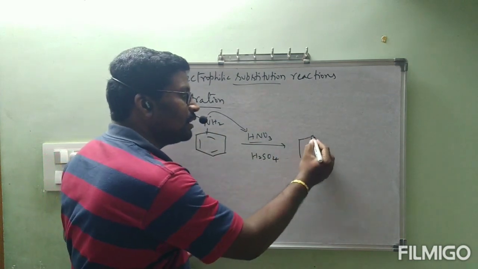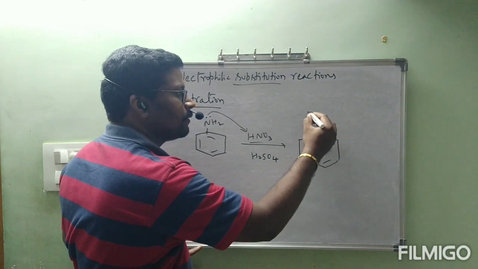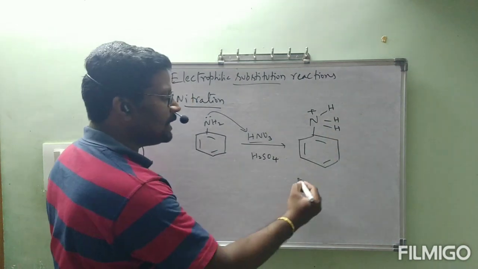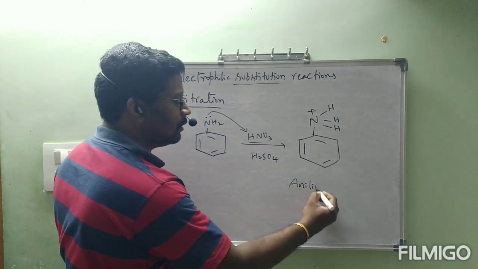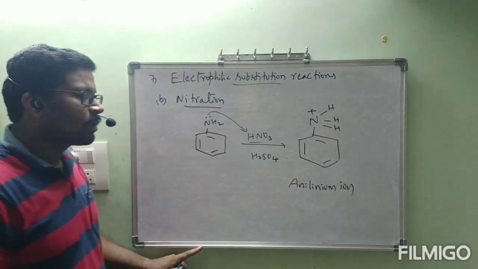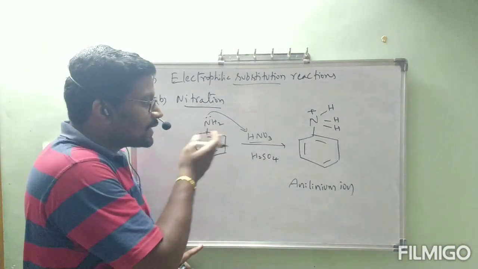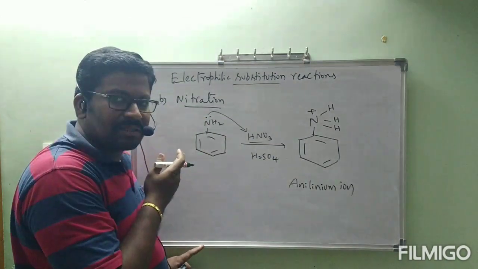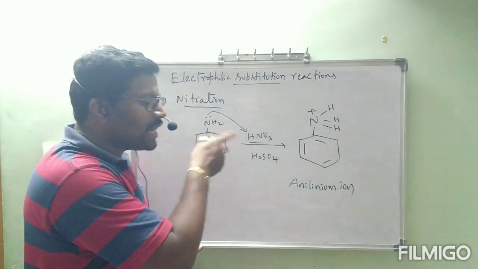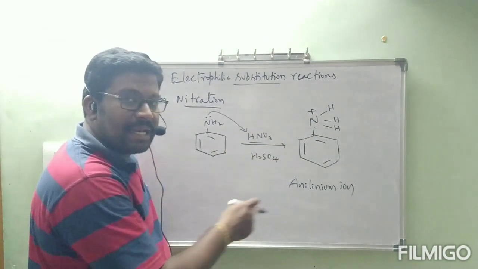We will get anilinium ion. So almost 47% of aniline reacts with HNO3 because it behaves like a base. Its own characteristics also dominate, and because of that it reacts with the acid to form the anilinium ion.